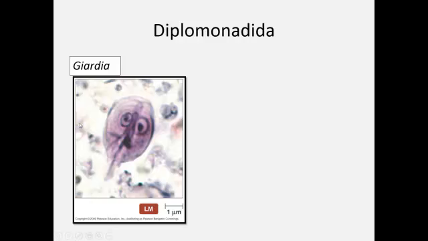Diplomonadia are like the parabasalids in that they don't have mitochondria, and researchers thought the same thing about them. They also don't have a Golgi body or peroxisomes, so they thought that they were very, very early eukaryotes. As it turns out, once again, we were wrong.